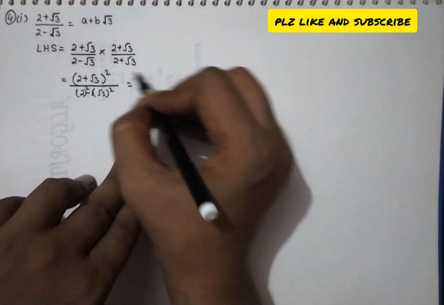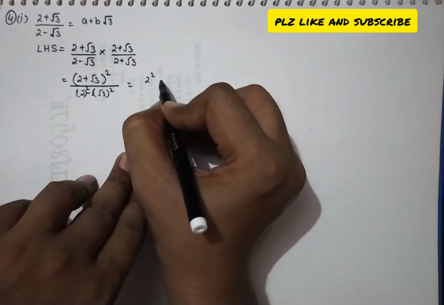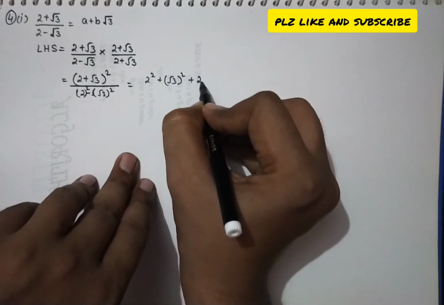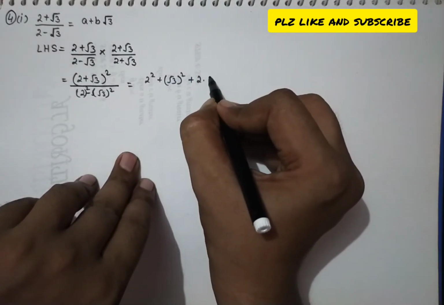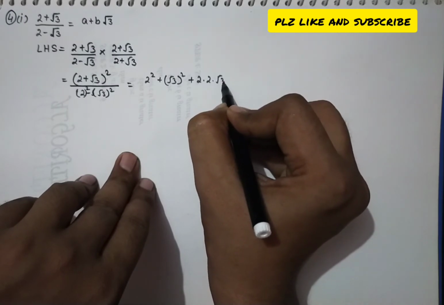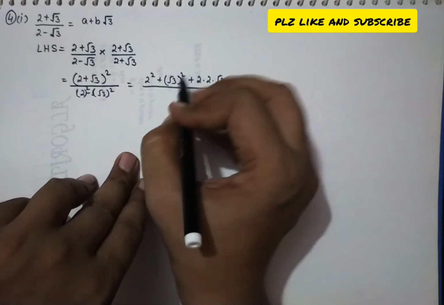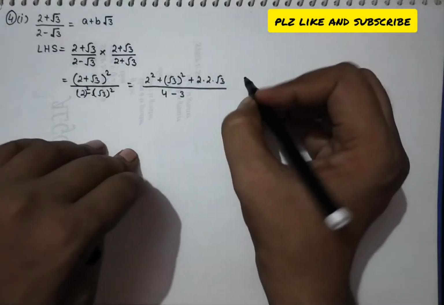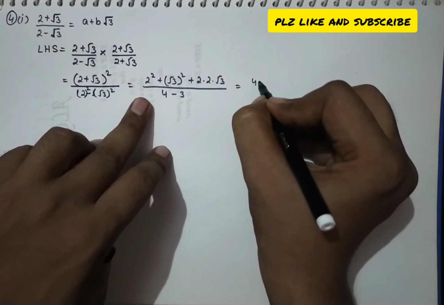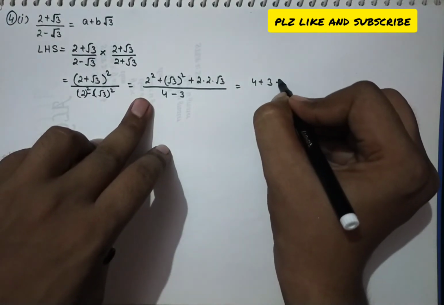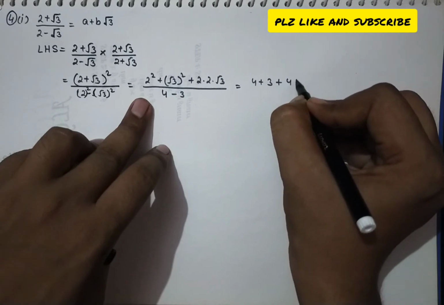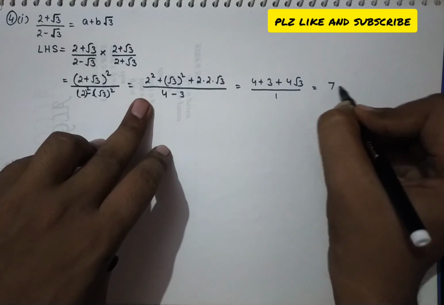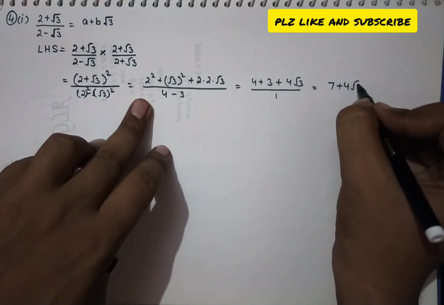This will be 2 square plus root 3 to the whole square plus 2 into 2 root 3, whole upon 2 2s are 4 minus 3, that is equal to (4 plus 3 plus 4 root 3) upon 1. So this can be written as 7 plus 4 root 3.